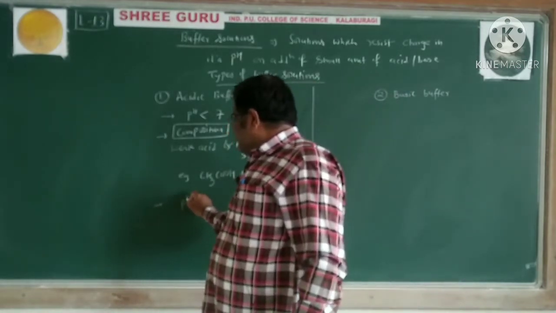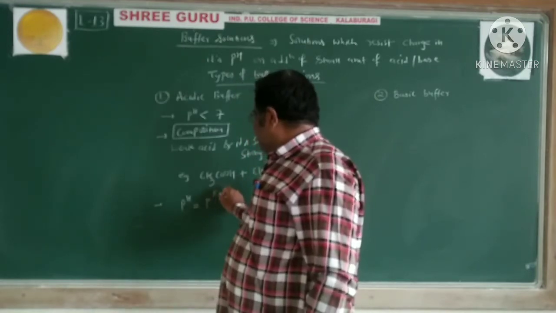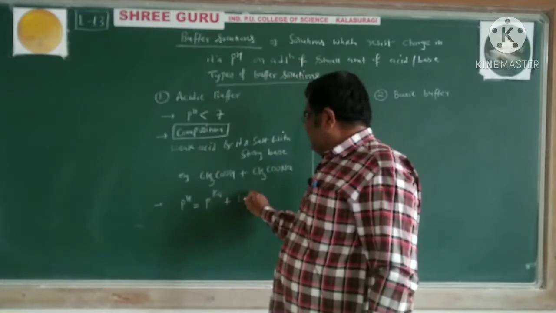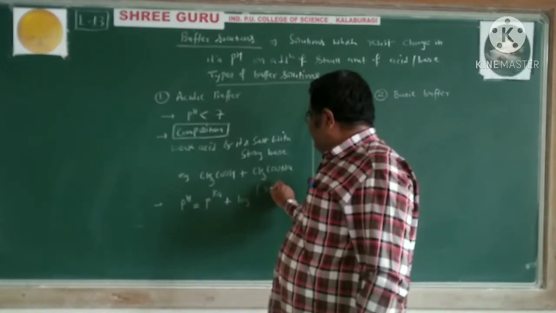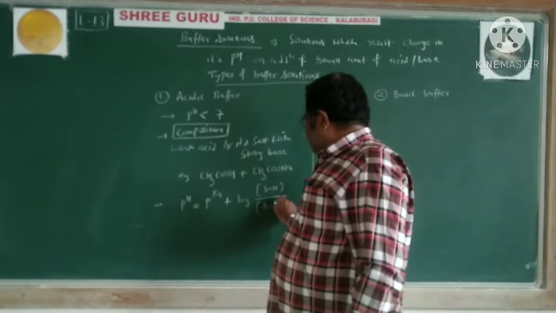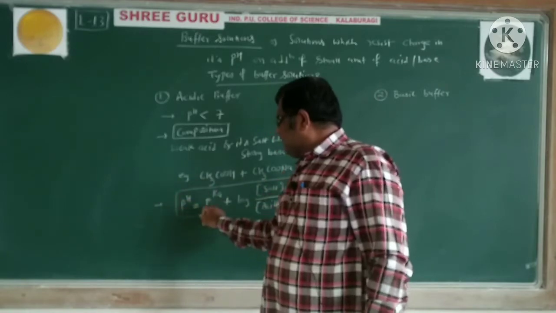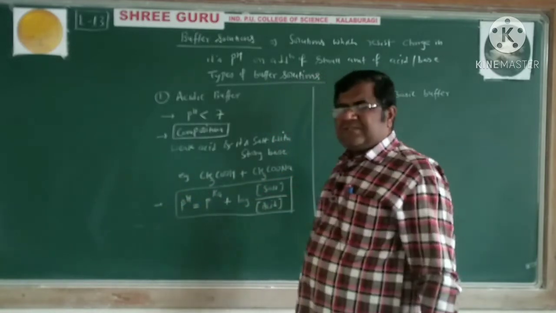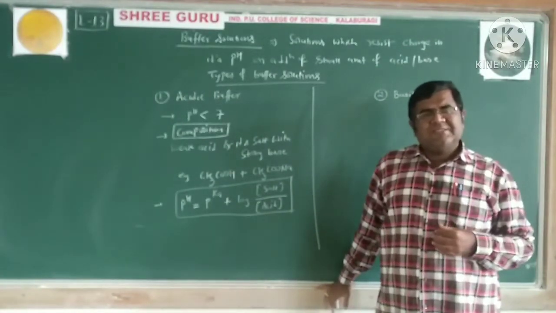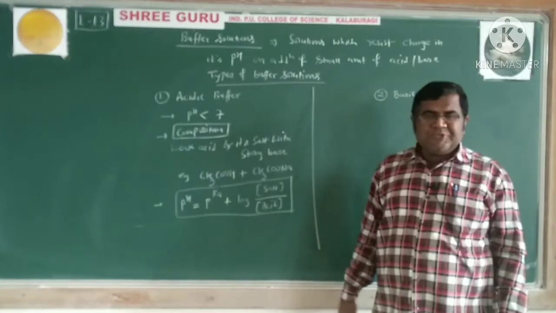Now what is the pH of this acidic buffer? pH is equal to pKa plus log of molar concentration of salt divided by molar concentration of acid. The derivation is not in our syllabus. In fact, the equation is also not in the syllabus, but as additional information we are looking into it.